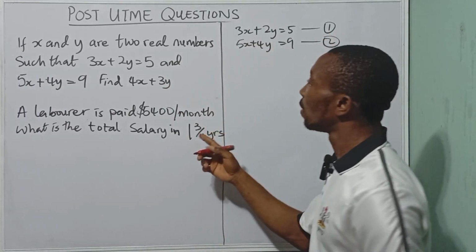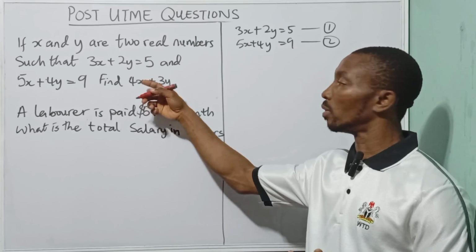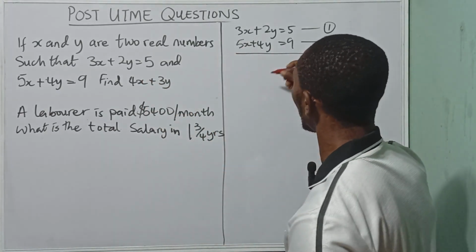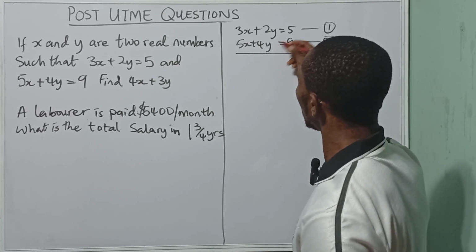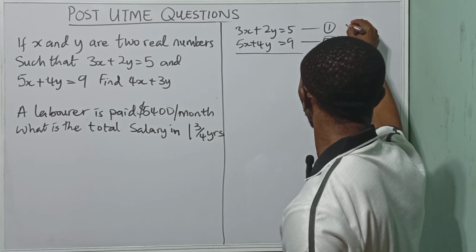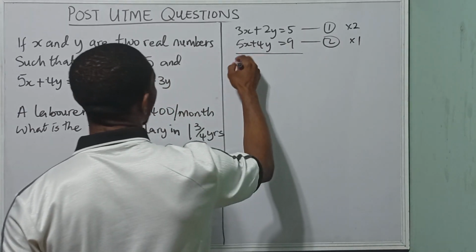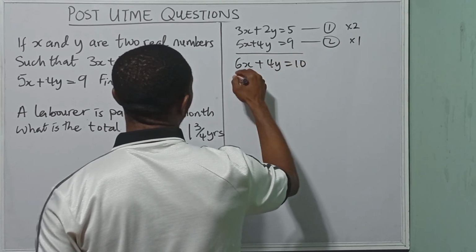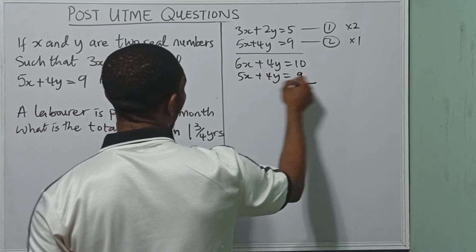We have to find the value of x and y before we can substitute. So we have to equate either our x or our y. For easier work, let's make y equal, so we multiply equation 1 by 2. Our first equation will now give us 6x plus 4y equals 10, and 5x plus 4y equals 9.